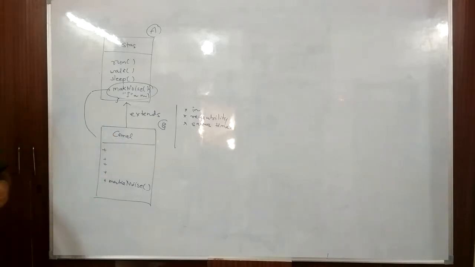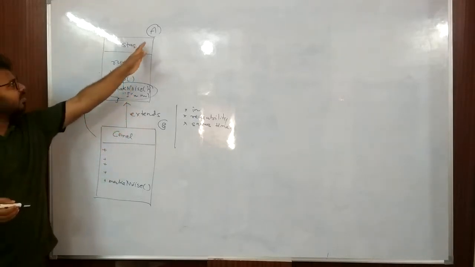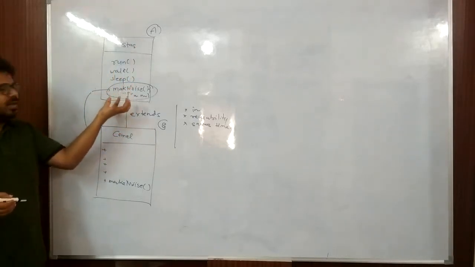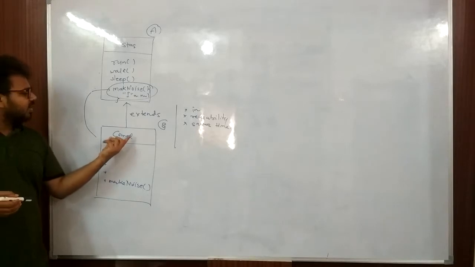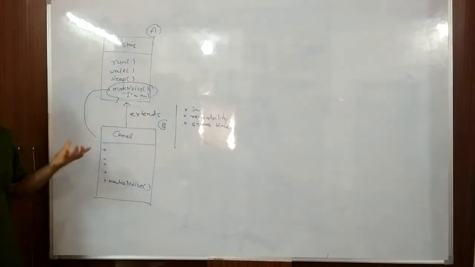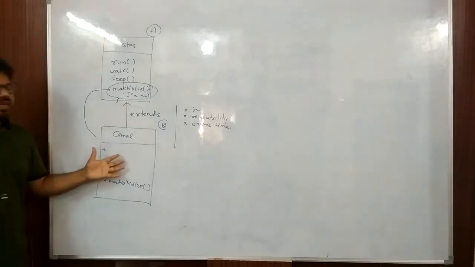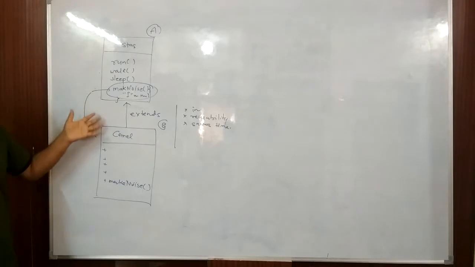What are you doing here? By extending Stag just for this one method, you are saying that Camel is a Stag, which is illogical, which does not make sense.